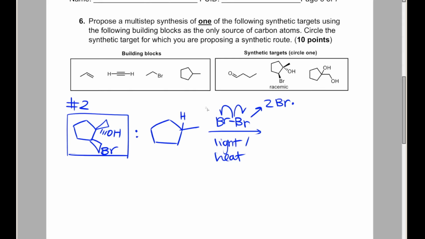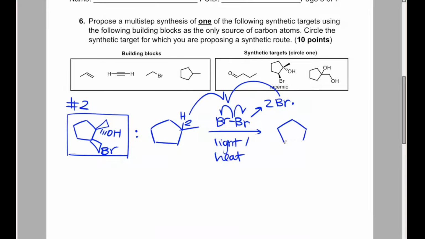because then we'll have a more stable radical, and the more substituted the carbon is, the more stable the radical will be. So we're going to react one of these bromines with the hydrogen, and then remember that this half arrow is only half of a bond, so we still have to do something with the other half of the bond. Like I said before, we can dump the other half of the bond into this carbon, and it'll turn into a radical at this carbon.